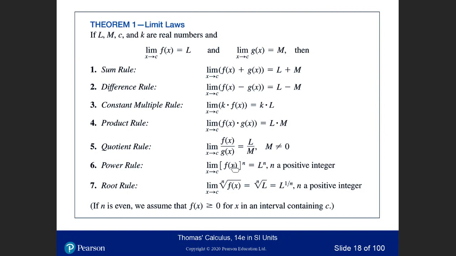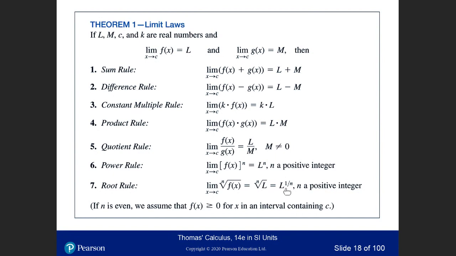Now the power rule: the limit of f of x to the n as x approaches c is L to the n, where n must be a positive integer here. By taking the root of a function, the limit of the root will be the root of the limit, but this limit should exist.